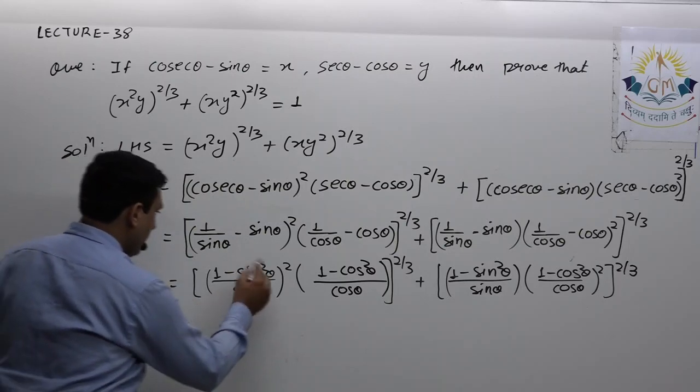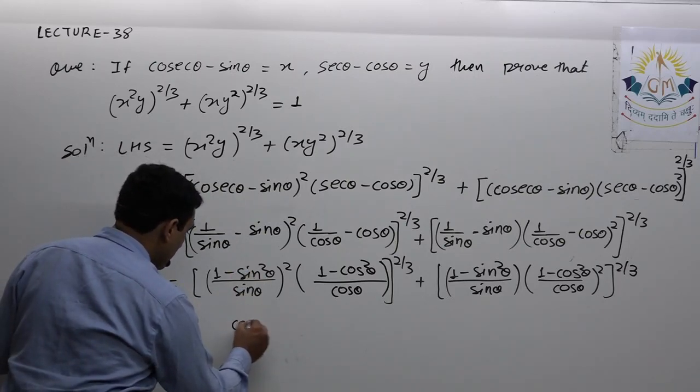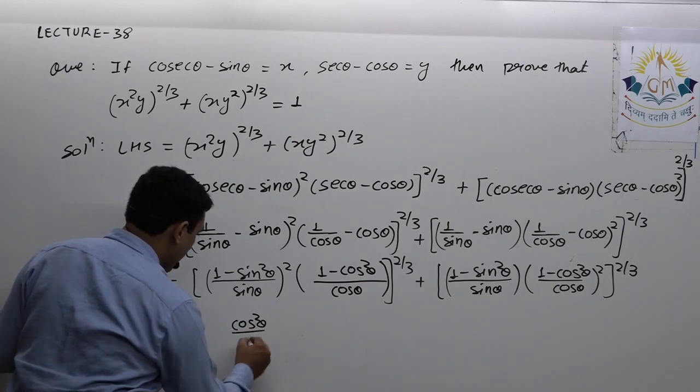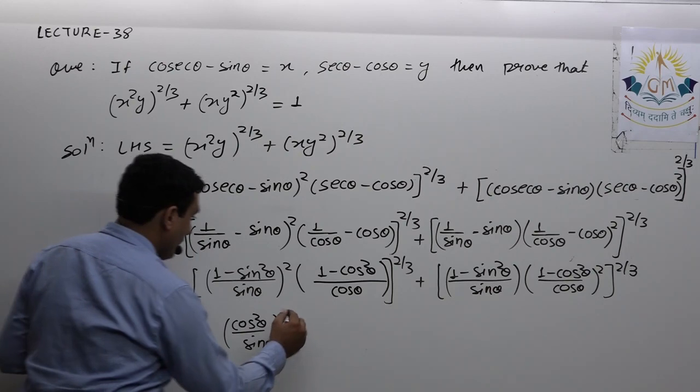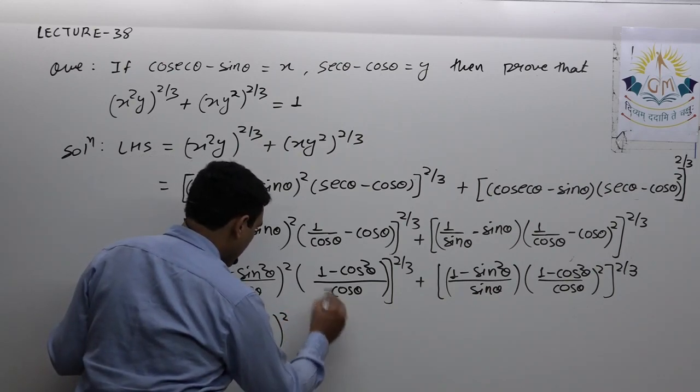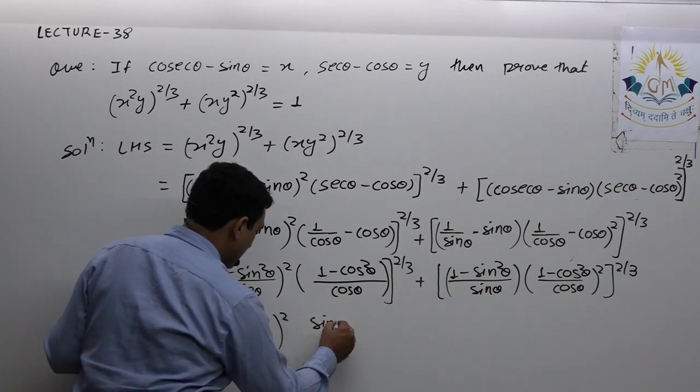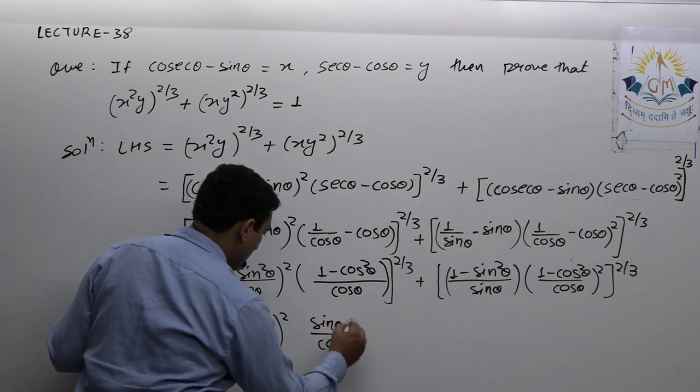Okay, so here 1 minus sine square theta will become cos square theta upon sine theta whole square multiplied by 1 minus cos square theta, that is sine square theta upon cos theta.